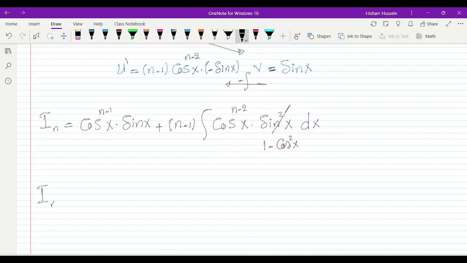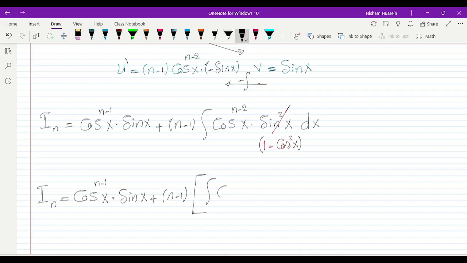I n equals cosine to the power n minus 1 x times sine x plus n minus 1 multiplied by the following integral, integration of cosine to the power n minus 2 distributed on the expression 1 minus cosine squared. Cosine to the power n minus 2 times 1 is simply cosine to the power n minus 2.